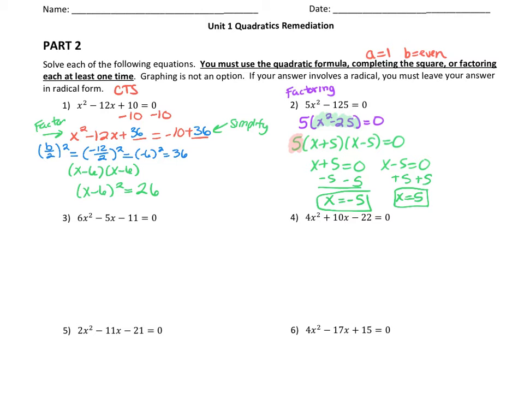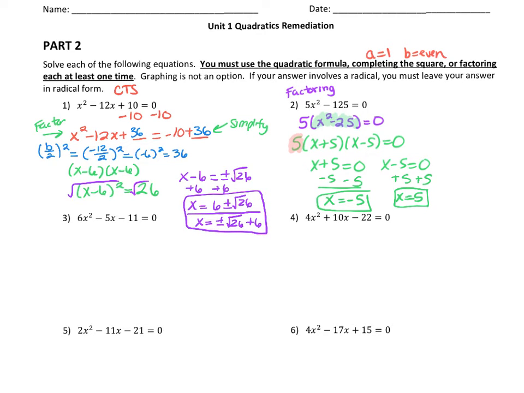Now to finish solving this, I'm going to take the square root of both sides, and I'm going to get x minus 6 equals plus or minus the square root of 26. Then to finish solving for x, I'm going to add the 6, so I'll get 6 plus or minus the square root of 26. Or you could write it as plus or minus the square root of 26 plus 6. Either way is fine.